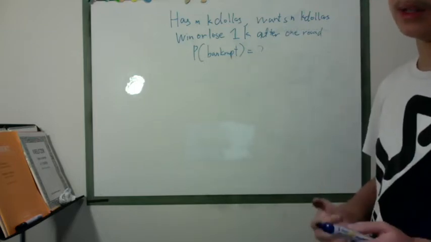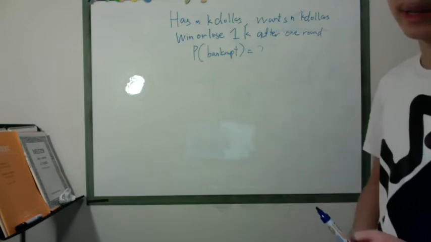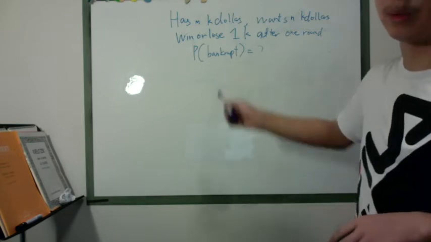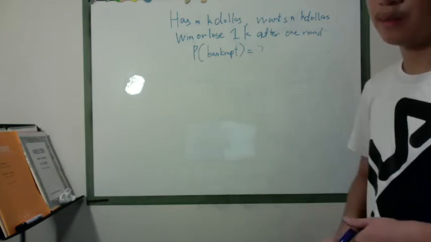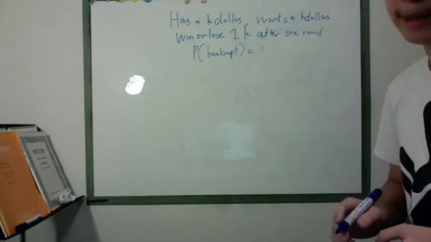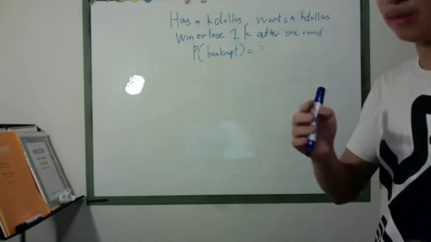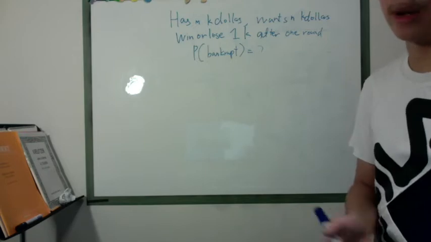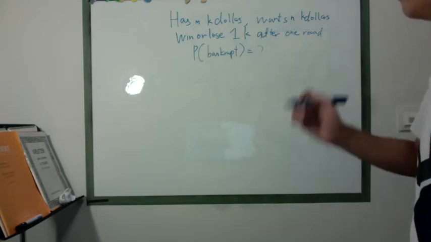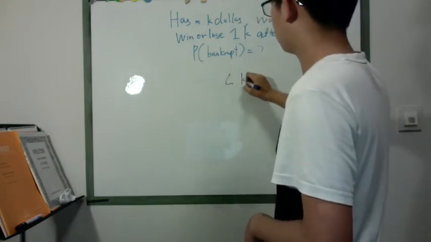So the objective of this problem is to evaluate what the probability of him going bankrupt is. So first of all, let's assume that this person, after some rounds of gambling, has, let's say, $L left.